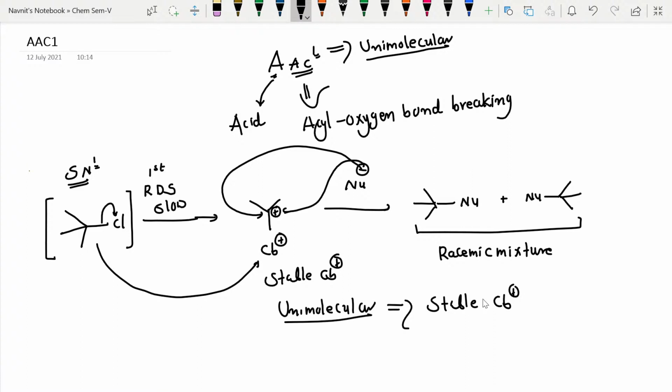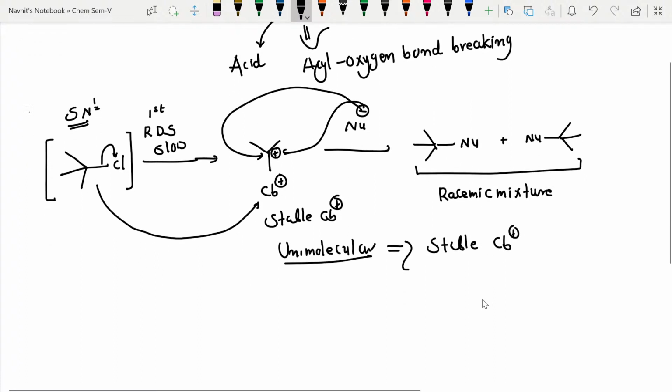Okay, so a molecule proceeds through SN1 whenever the molecule is able to form a stable carbocation. If it is not able to form a stable carbocation, then it will not form a product through the SN1 mechanism. So this concept we are going to use here, because we are going to discuss AAC1. That means only those esters or acids that proceed through AAC1 are able to form a stable carbocation.